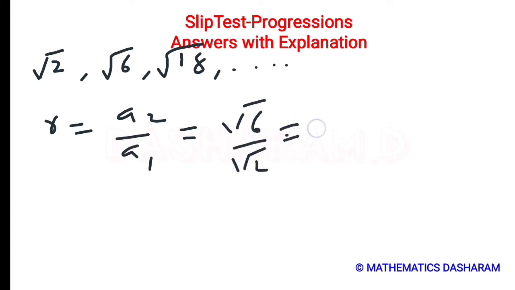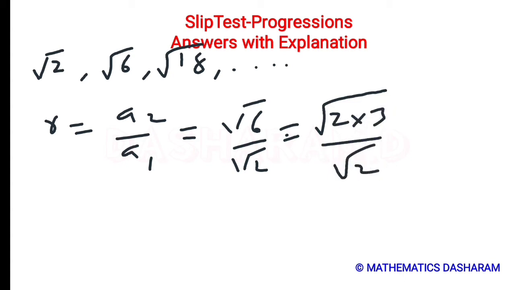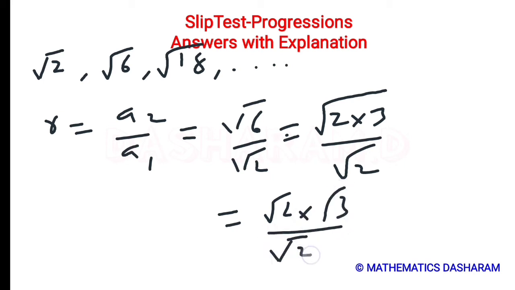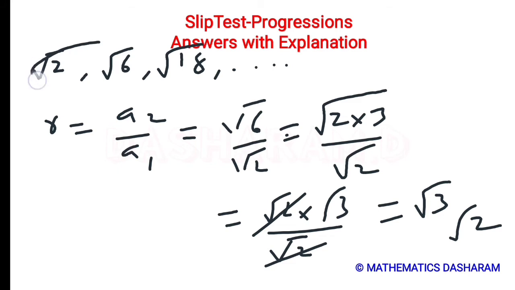Root 6 can be written as root 2 times 3, divided by root 2. Now we can apply the square root for 2 and for 3 individually, and then root 2 cancels, so it equals root 3. But as per the question we need root 2, but here we got root 3, so option A is wrong.